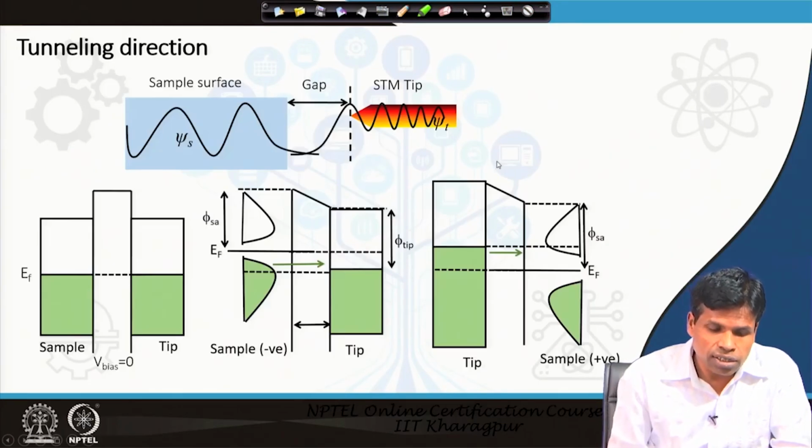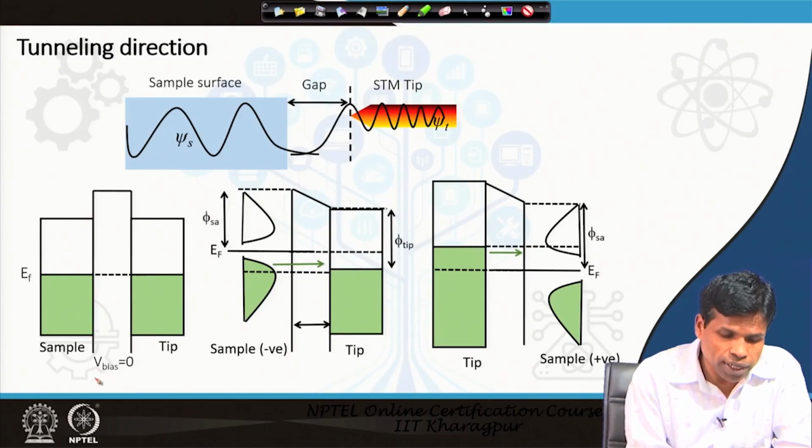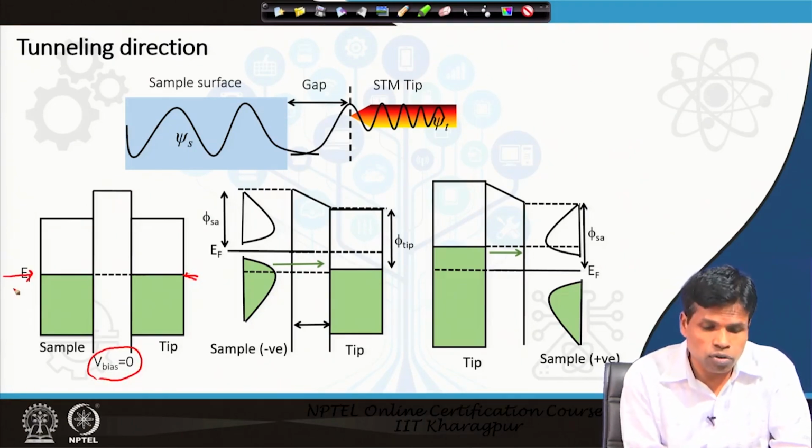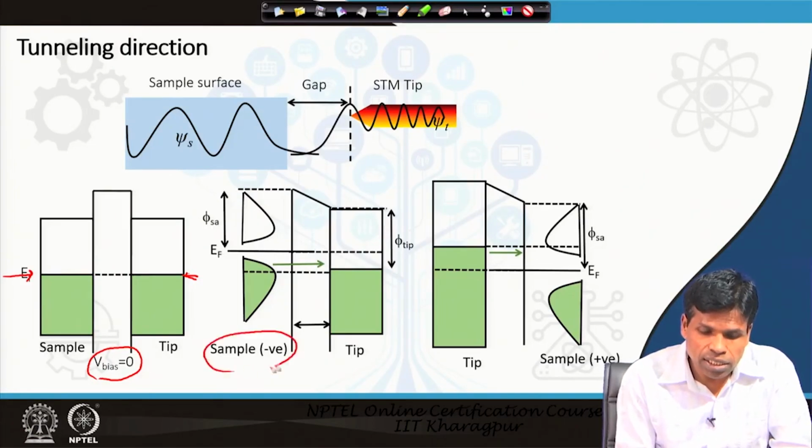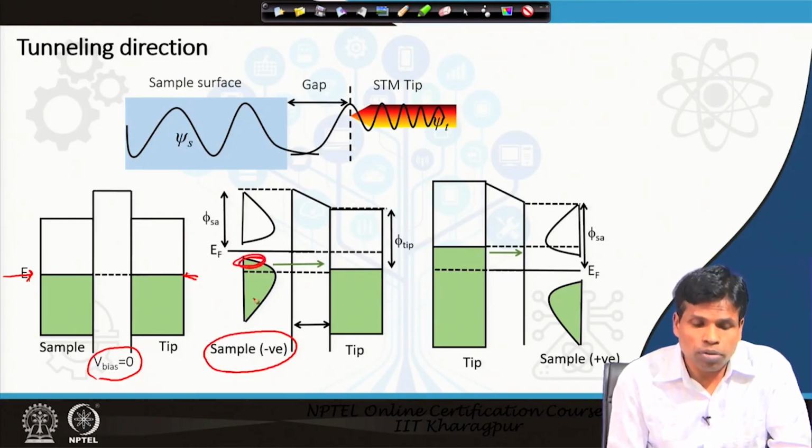Here you see what happens in the tunneling direction. If there is no bias, the Fermi levels are aligned and the tunneling current does not flow in any direction. But if the sample is given a negative potential, it provides the filled or occupied states of the sample.